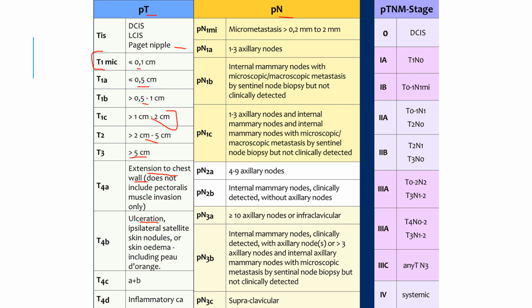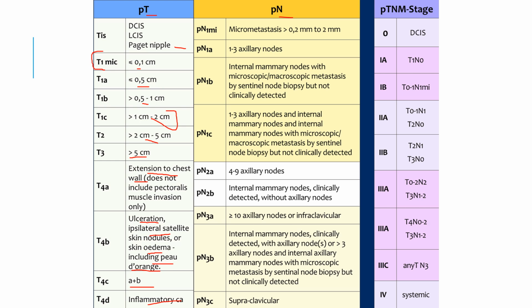T4b, there is ulceration, ipsilateral skin nodule, or skin edema, including peau d'orange appearance. So first it has gone behind, then it has come forward, and there are skin changes like ulceration and peau d'orange appearance. T4c is both the extension to chest wall and the skin changes. T4d is the worst cancer, that is inflammatory carcinoma.